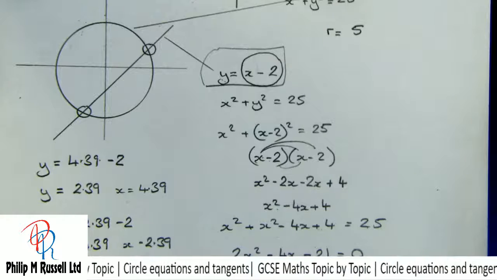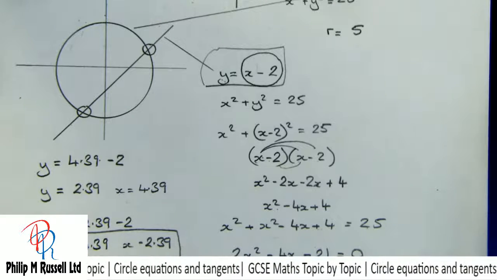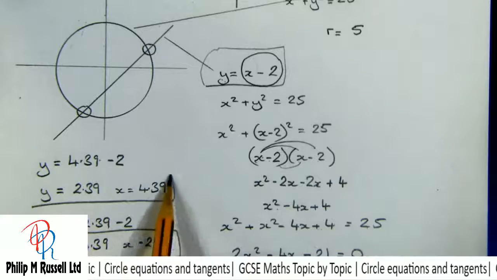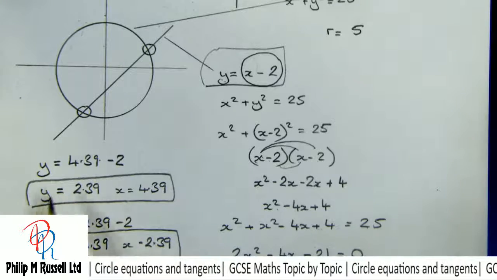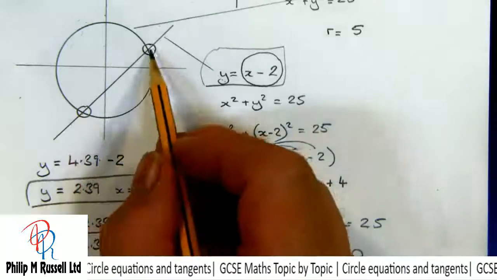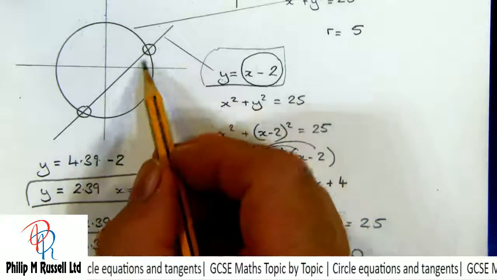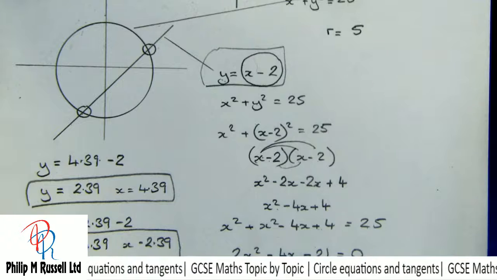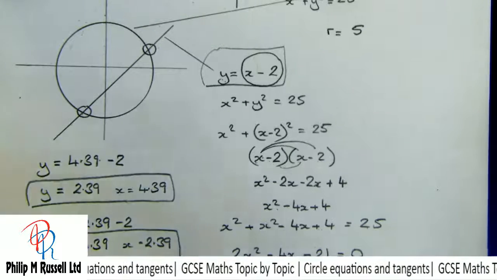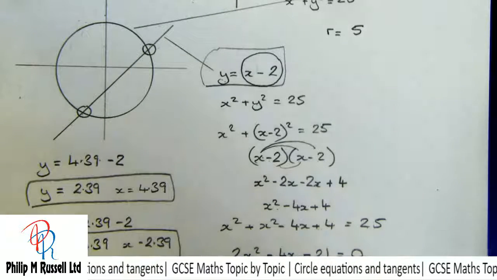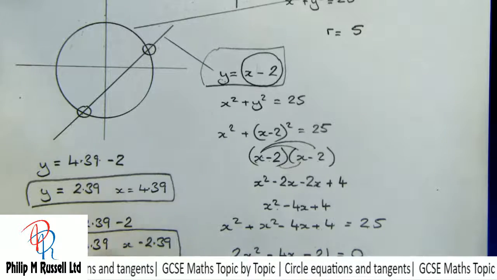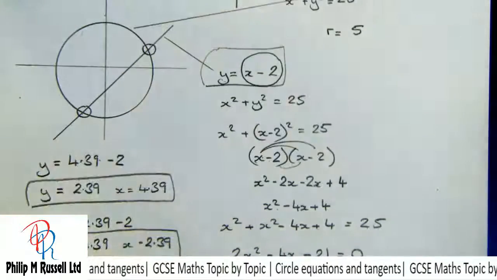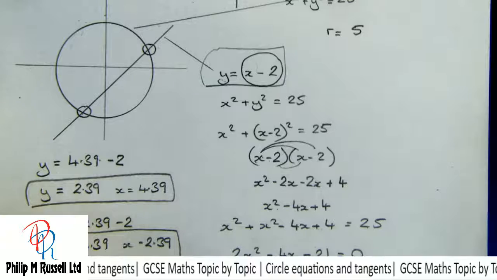So I've got my coordinates, and they're not particularly nice ones, of where this line meets the circle. Now I've got those values, we might then need to work out perhaps the length of that line or something else.